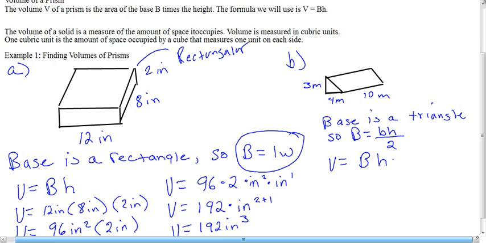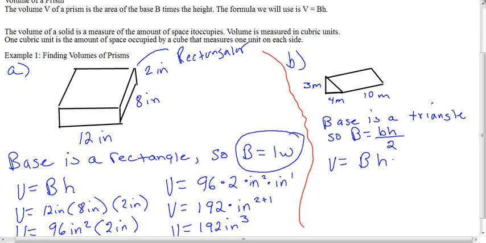Now we also said that we can look at another type of prism, which is a triangular prism, and I'm going to go ahead and change the color here so we don't get too mixed up on that. What the triangular prism does is, again, we're going to use the same format.